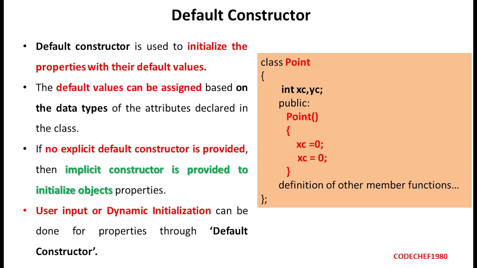And one more thing, by using the same default constructor concept, you can give dynamic values also to our properties. You can have an input statement in our constructor, where you can collect the input and assign the values to the properties of different objects of the same class.